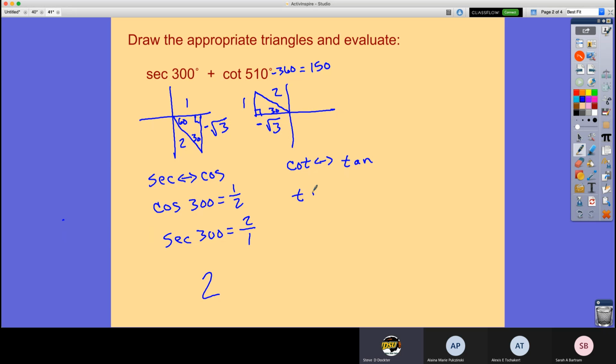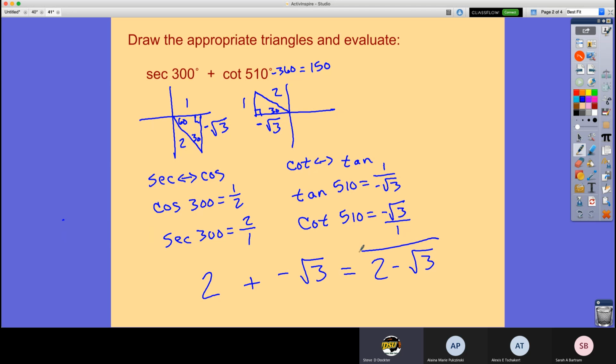So if the question was tangent of 510, we would say it's 1 over negative square root of 3. Well, cotangent is just the reciprocal of that. It'd be negative square root of 3 over 1, or just a negative square root of 3. So our answer would be 2 minus the square root of 3.